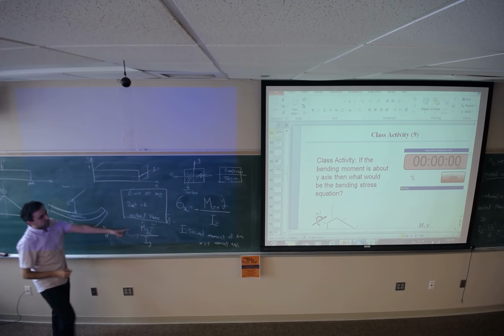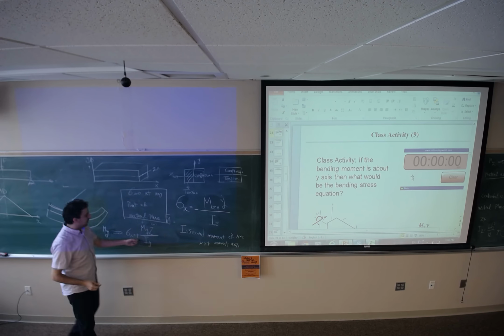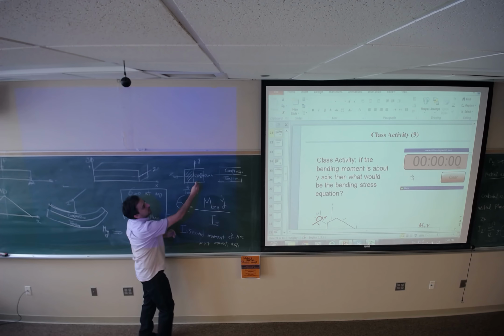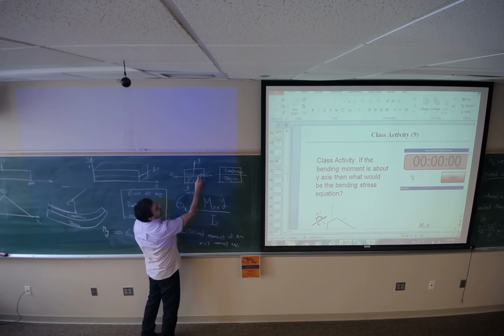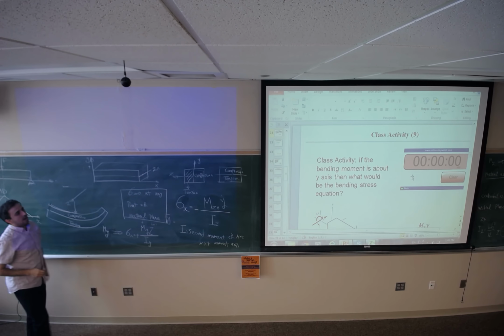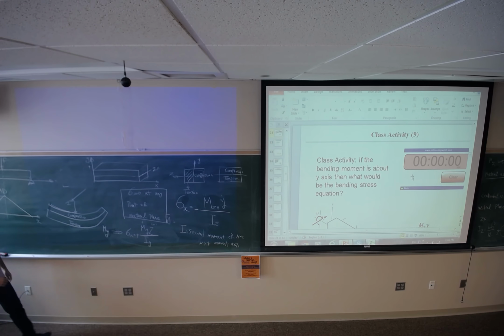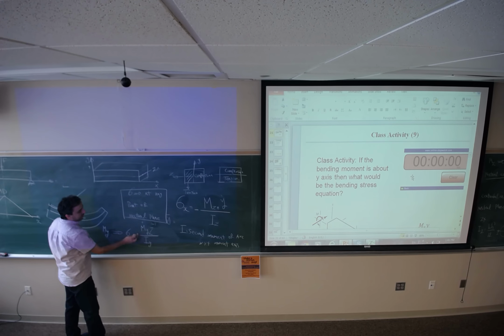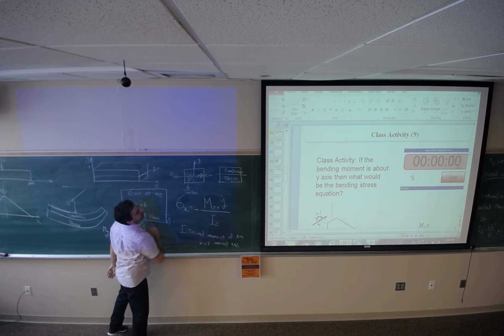So the only difference between this and this one is the sign. Just think about any point on the right side. Any point on the right side has negative z because it's going to be on the right side of y-axis. So negative z times positive gives me negative number, which represents the compression.